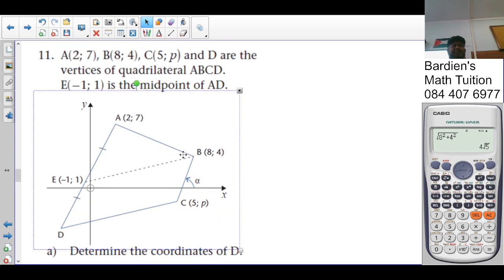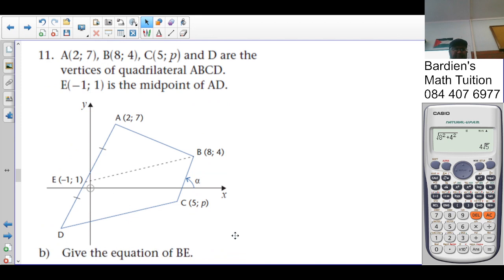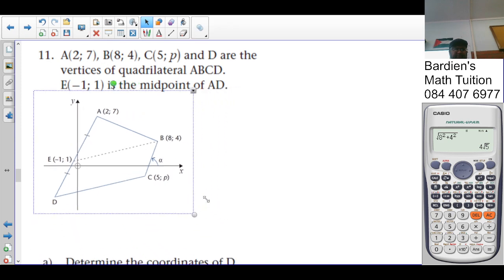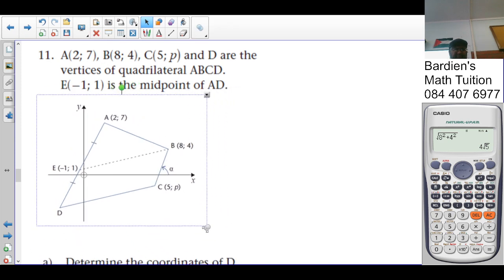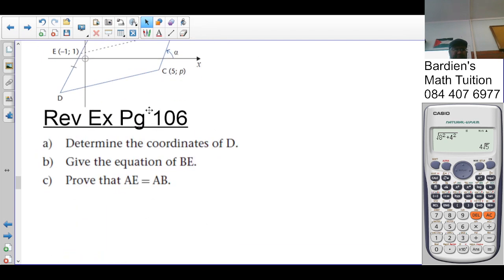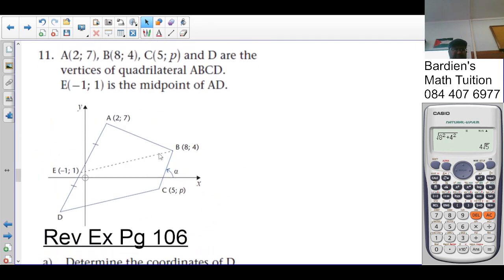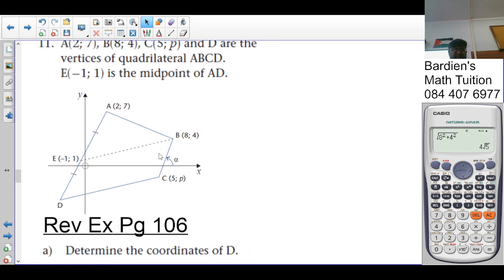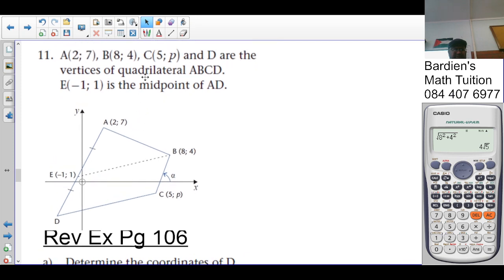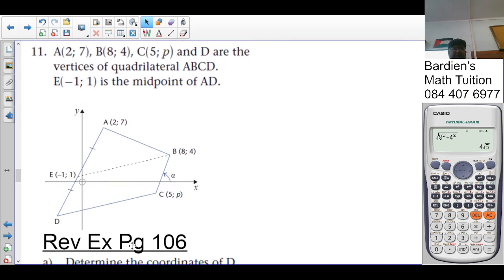Right, so we're looking at number 11. In number 11 we are told that A, which is 2 and 7, B, which is 8 and 4, C, which is 5 and P, and D are the vertices of quadrilateral ABCD.